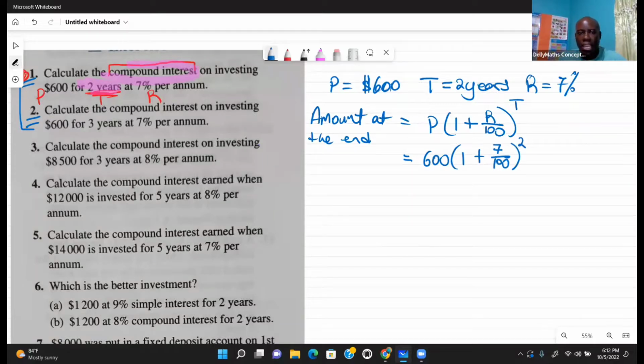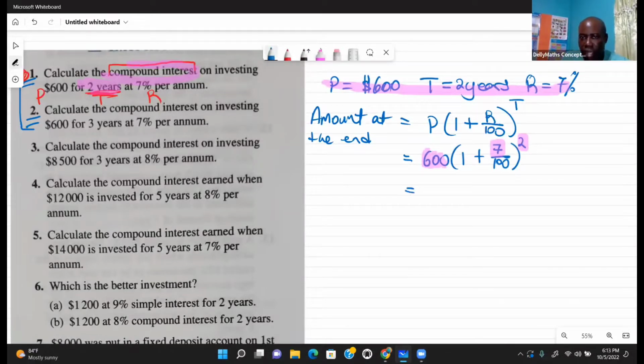Now, let us just take a quick look as I highlight the things that we actually plugged in the formula. We're talking about P, which is the 600, R, which is the 7, and T, which is the 2. Those are our information, and that's where you put them. The other things are from the formula itself. Now, let's take our time and work this down some more.